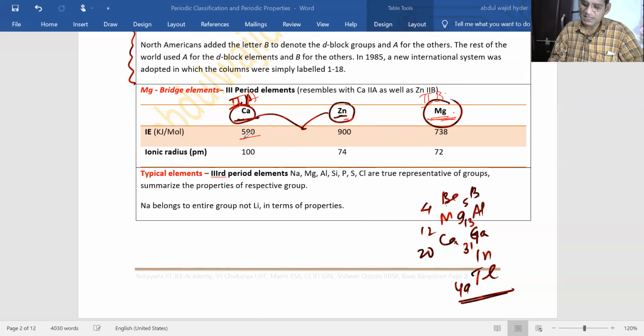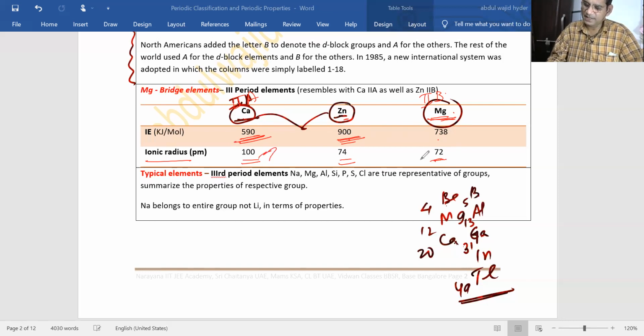The ionization energy of calcium is 590 kilojoule per mole, and the ionization energy of zinc is 900 kilojoule per mole. What about magnesium? Magnesium will have a value greater than this and lesser than this. Magnesium has 738 kilojoule per mole. What about the ionic radius? The ionic radius of calcium is 100, zinc is 74, and Mg is 72.